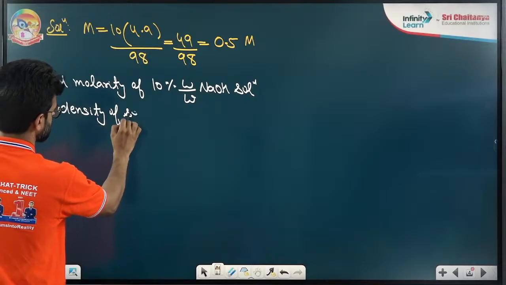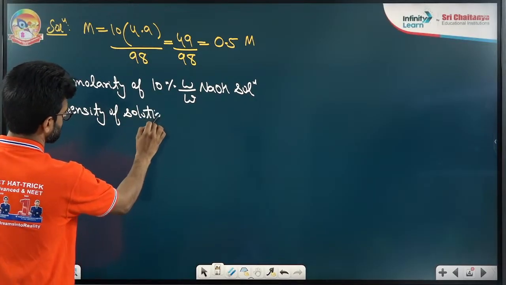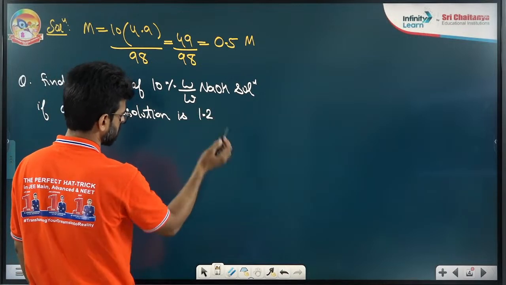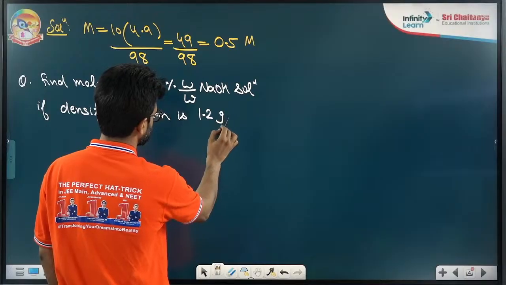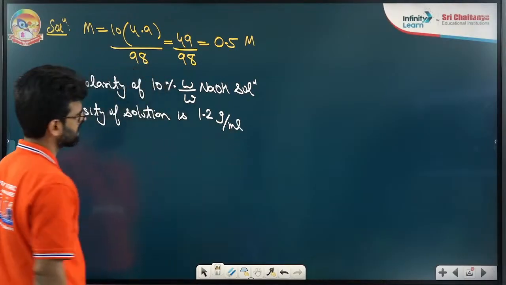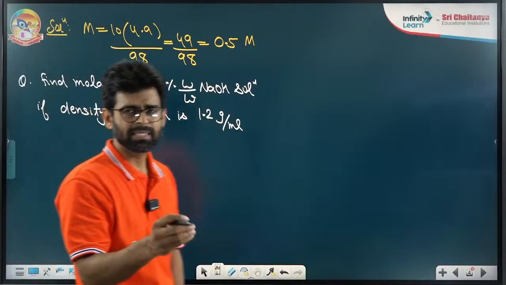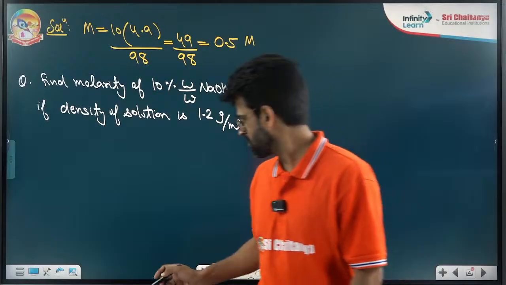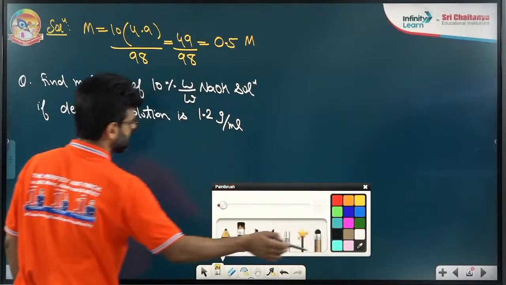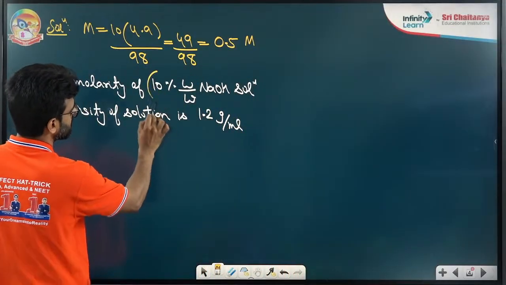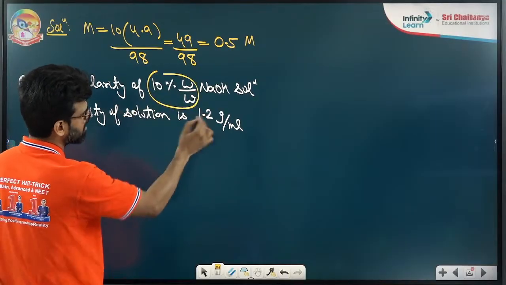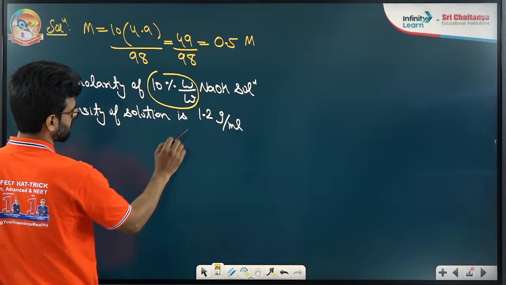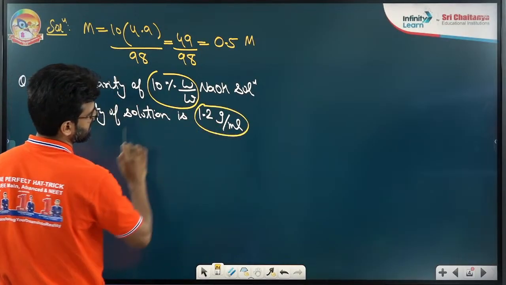Find molarity of 10% weight by weight NaOH solution if density of solution, be careful, this time we need density. If density of solution is, imagine 1.2 gram per ml, the density is gram per ml, right? Whatever density they give, we have to use it accordingly. This is our simple question. In this question, they are giving weight by weight, not weight by volume. If I have weight by weight here, I will use density.